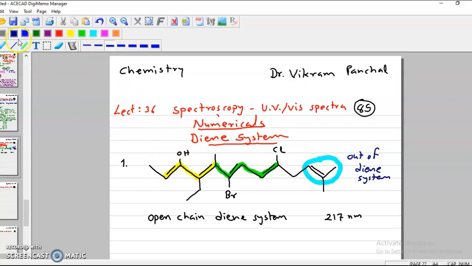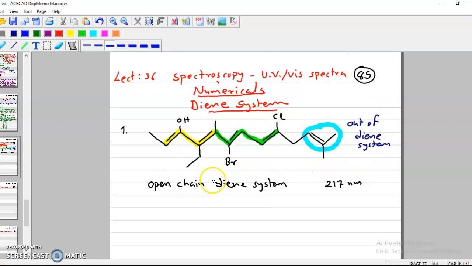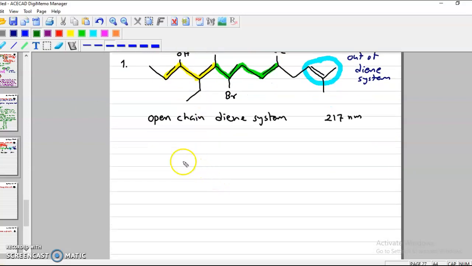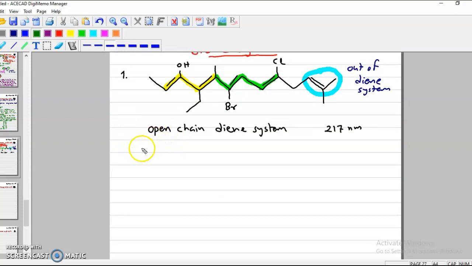Now how many extra conjugated double bonds along with the system? There are two alternate extra conjugated double bonds in the system.